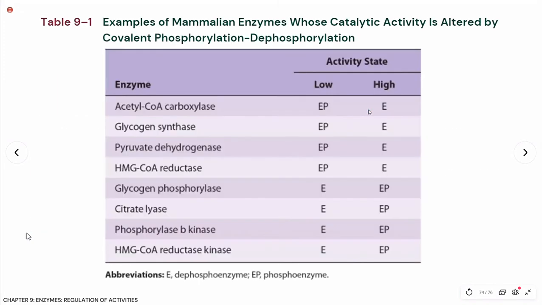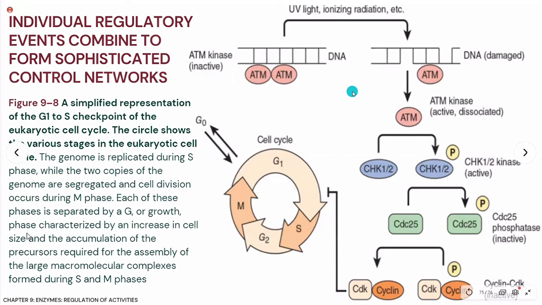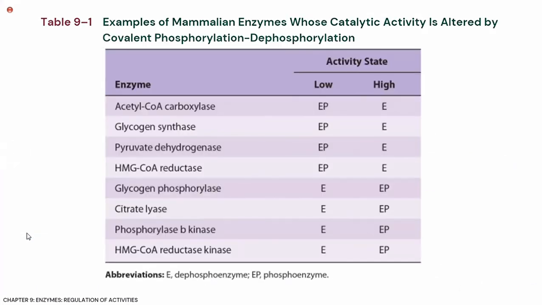And this shows you here. Look at this. You have enzyme and activity state, low activity, high activity. Look at acetyl-CoA carboxylase, the enzyme with a phosphate.